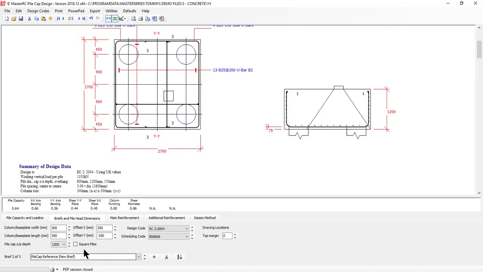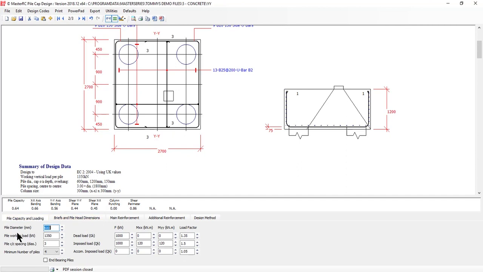And also, what else can we do? So let's look at pile diameters, the working loads, the number of piles, and our loading. The loading as well, you need to understand when we're working with the Euro codes, we also have this accompanying imposed load.